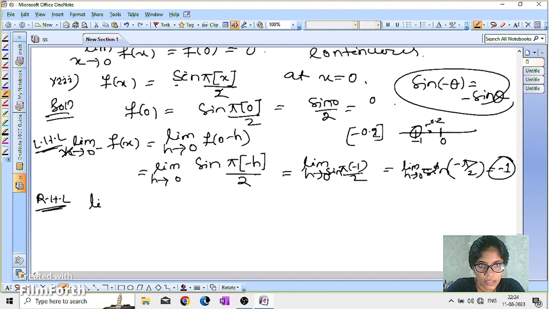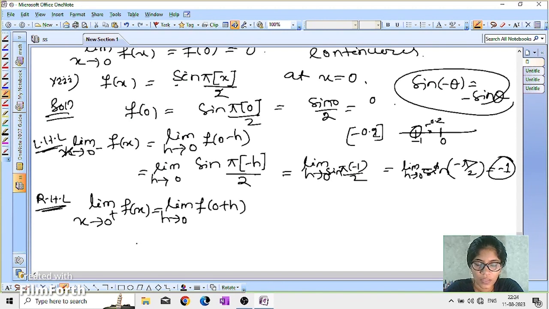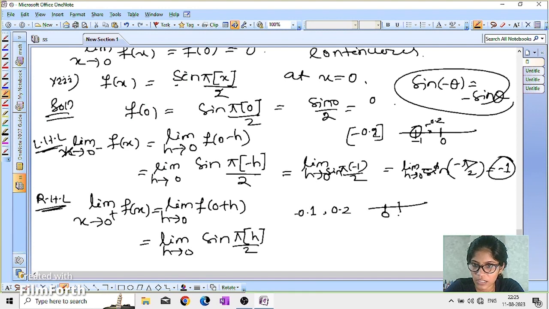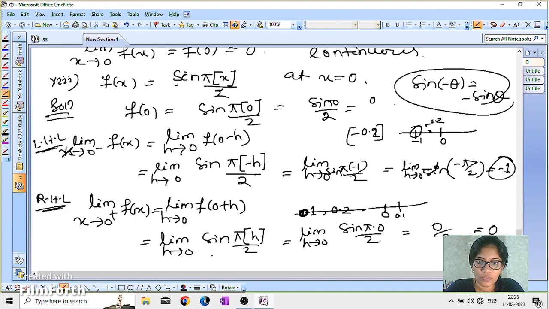Right hand limit. Limit x tends to 0 plus f of x is equal to limit h tends to 0 f of 0 plus h, which equals limit h tends to 0 sin pi into the greatest integer of h by 2. Here h means 0.1 or 0.2, and the greatest integer is 0. So it equals sin pi into 0 by 2, which equals sin 0, which is 0.